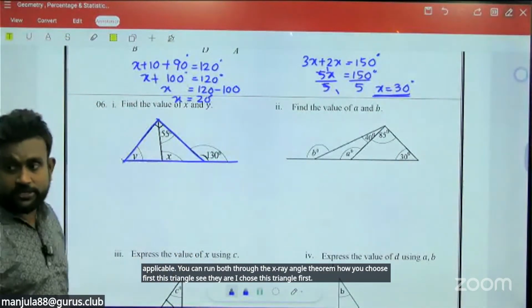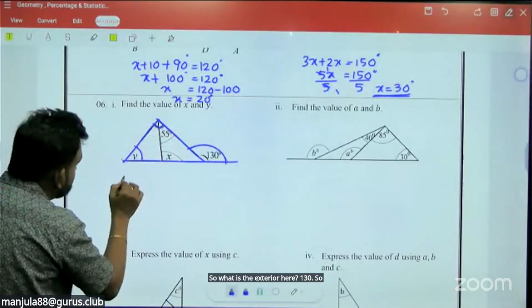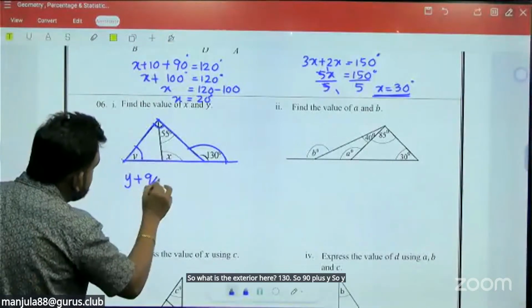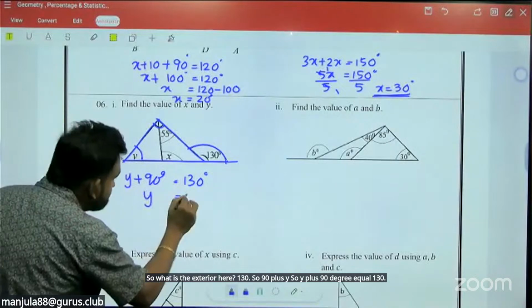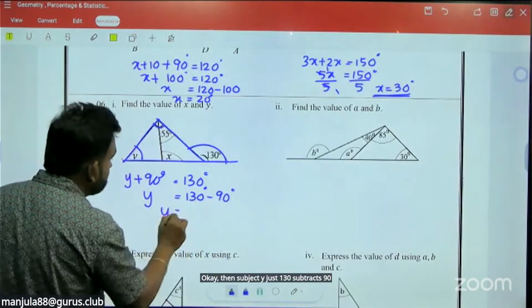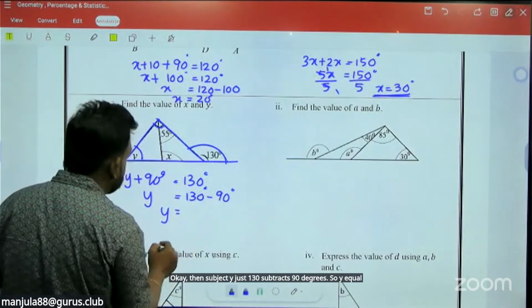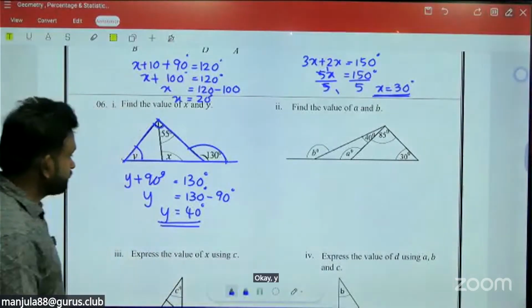What is the exterior here? 130. So 90 plus y. So y plus 90 degrees equals 130. Then subject y, 130 subtract 90 degrees. So y equals 40 degrees.